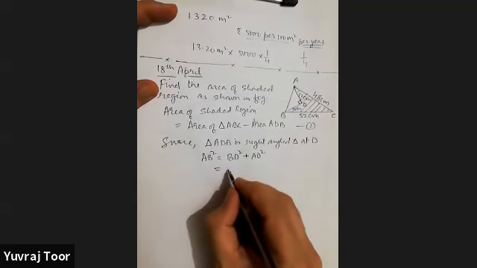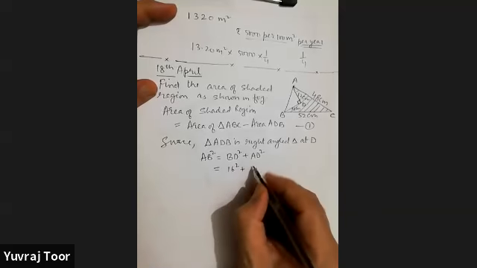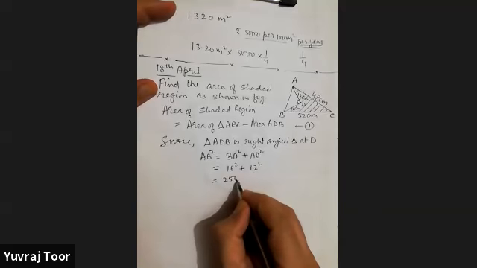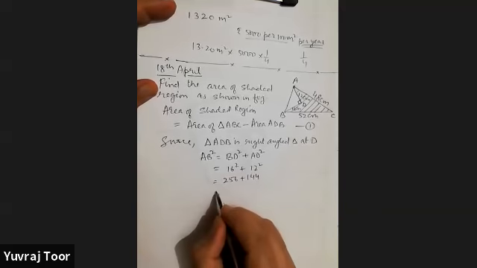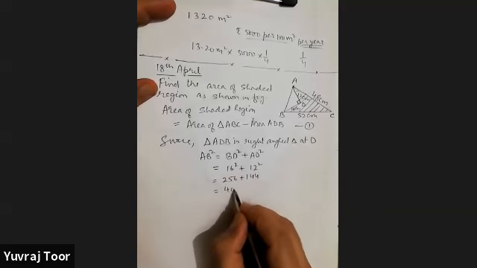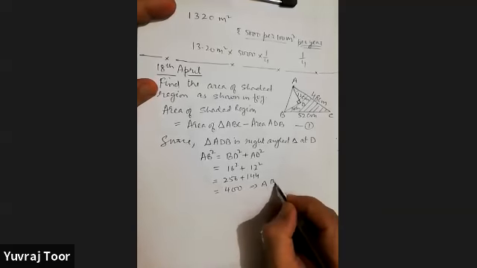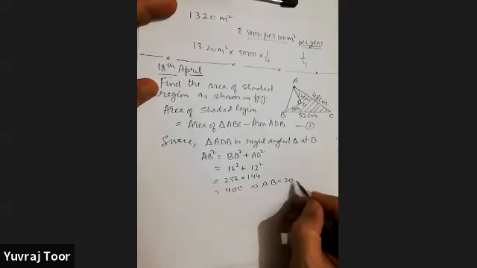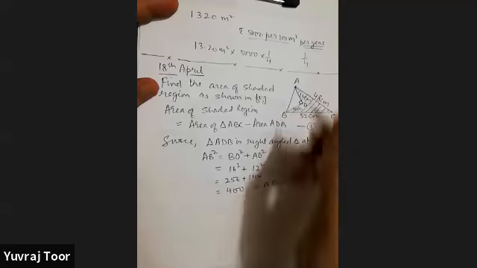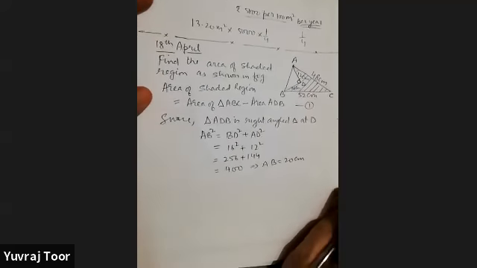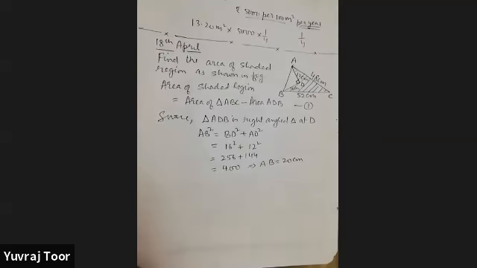So what is BD? It is 16 square, and what is AD? It's 12 square. 256 plus 144 gives you 400, and finally this implies AB is equal to 20 centimeter. So now we have all the dimensions of triangle ABC.